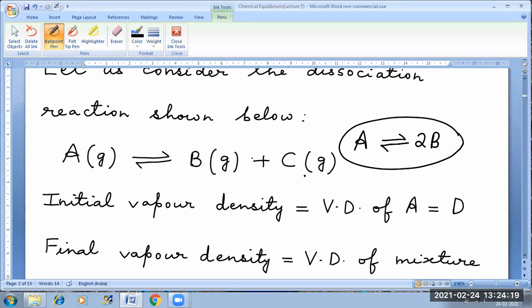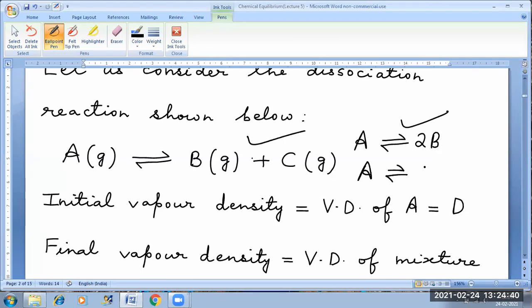On the right hand side, you may have two different species or three different species, or you may have something like this where 2 moles of the same species are found. So this is also dissociation. This will also be dissociation. So understand the meaning of dissociation first.